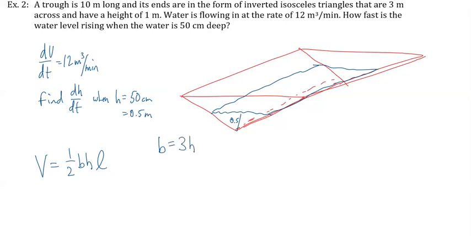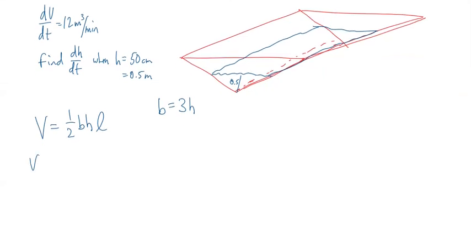Okay, so let's sub in V equals 1/2 the base, which is 3 times the height, times 10. So 10 divided by 2 is 5, times 3 is 15h squared. It went from something that could have been extended product rule to one of the easiest derivatives you're going to take in this entire course. 15h squared, my goodness, it doesn't get any easier.